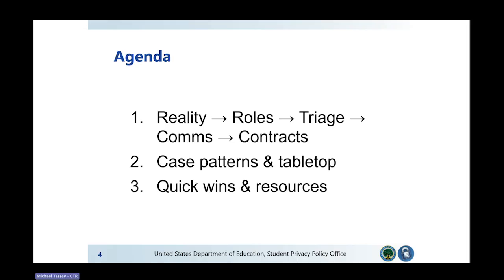We're going to talk about contracts, best practices for writing written agreements. We're going to talk about patterns that we're seeing in cases throughout the education community. We're going to conduct a mock mini tabletop, and we're going to run over some quick wins that you can ship this week to help reduce the risk to your data and position you better to deal with any incidents that might pop up, including these third parties.